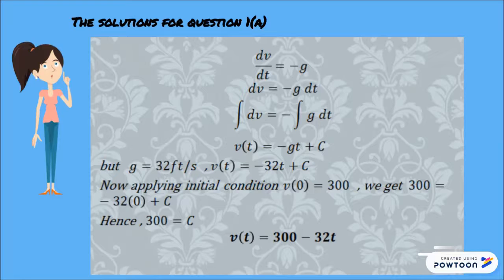But g equals 32 feet per second squared, so v(t) equals negative 32t plus c. Now applying the initial condition v0 equals 300, we get 300 equals negative 32 times 0 plus c, hence c equals 300. Then the equation will be v(t) equals 300 minus 32t.